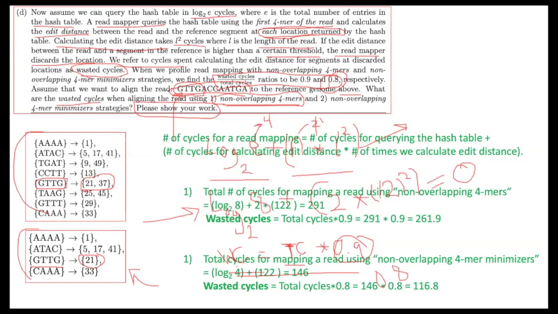So whenever we query a seed, we probably have less work to do and fewer edit distance operations. You can see here the maximum number of locations we have in the first hash table is 3, which is the second entry. Same thing in the second hash table, but normally in other cases you might get different numbers, and probably the minimizer will remain the best.